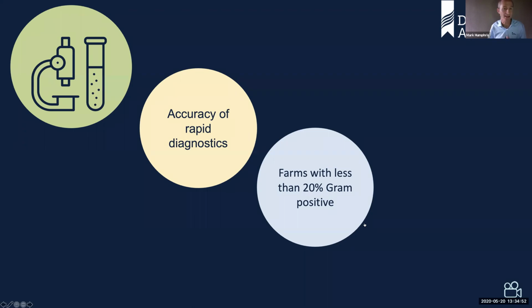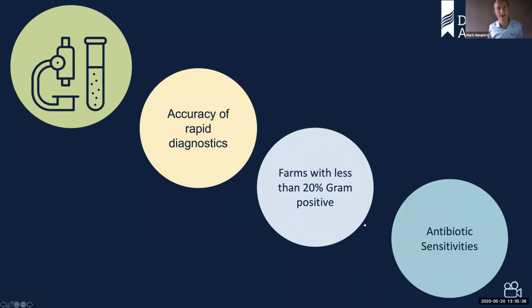And I think in Australia at the moment, there's probably a very, very small handful of farms that would have their overall number of cases with less than 20% gram positive. So that's the economics. Now, for some of you, economics may not come into it. That may be the way in which you want to progress and use antibiotics more wisely.